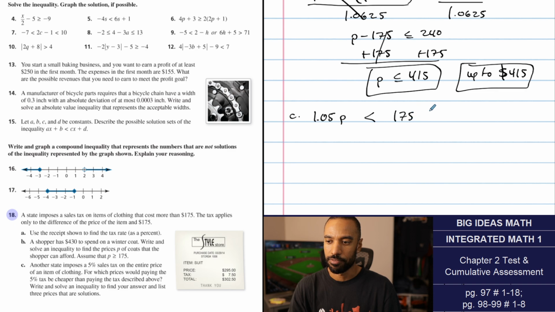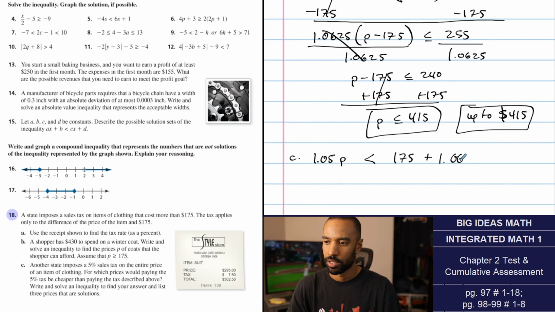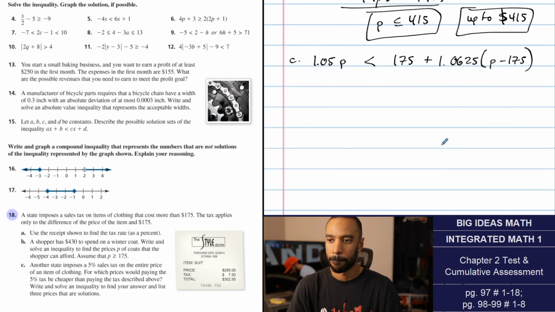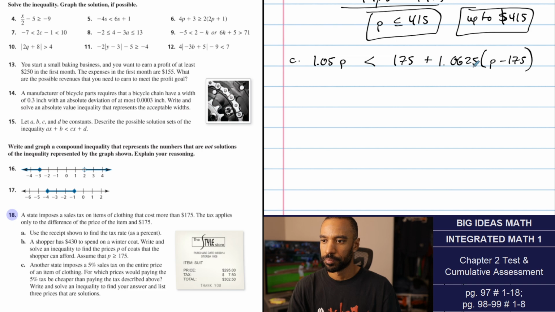So the 175 untaxed, and then 0.0625 times the difference between what you're paying on that part and 175. We want to find what values of P hold up here. So, I don't love decimals, but we'll deal. This time I feel like I need to distribute this here, just because I need to get these P's alone.